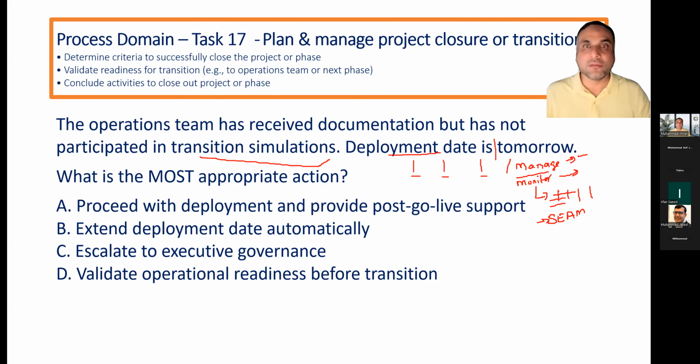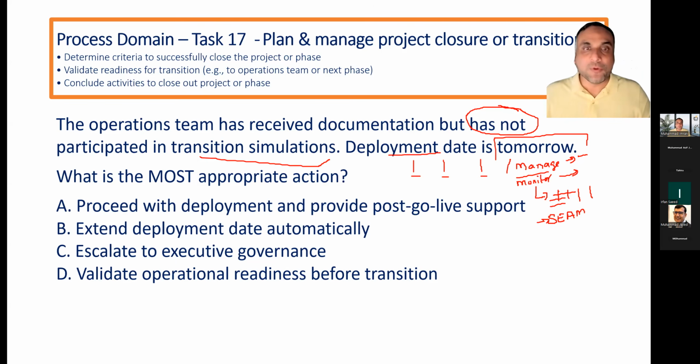Deployment date is tomorrow, but someone has not participated, which means it's gone. So it is an issue. Now your answer actually matters. When you read the question, when you identify this information, your answer matters. If you select a risk answer, it will be wrong. It's an issue situation. We have to handle it as an issue, not as a risk.